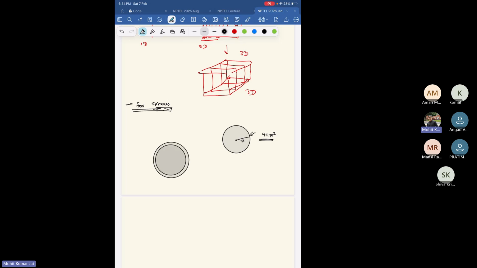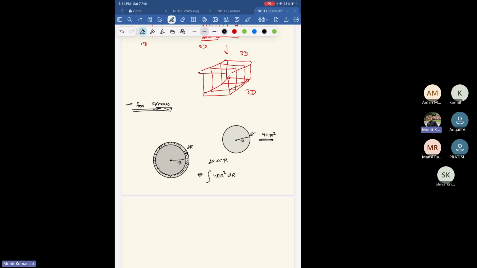So this is radius r, and this is dr, and your dr is very small compared to r. In that case, if I ask you what the volume element is, you will say it is 4 pi r square times dr, right?